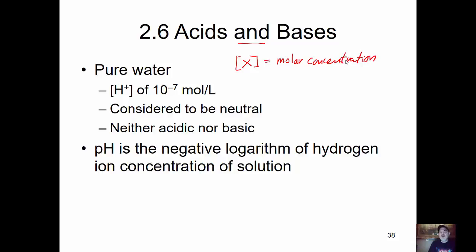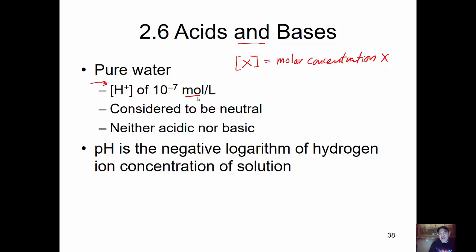It's just a way of measuring how much of a substance you have dissolved in the solution. The greater that number, the greater the concentration. So in this case, this would be the molar concentration of X. When you see it here, this would be the molar concentration of H pluses, or hydrogen ions. Pure water is going to have a concentration of 10 to the negative 7 moles per liter.